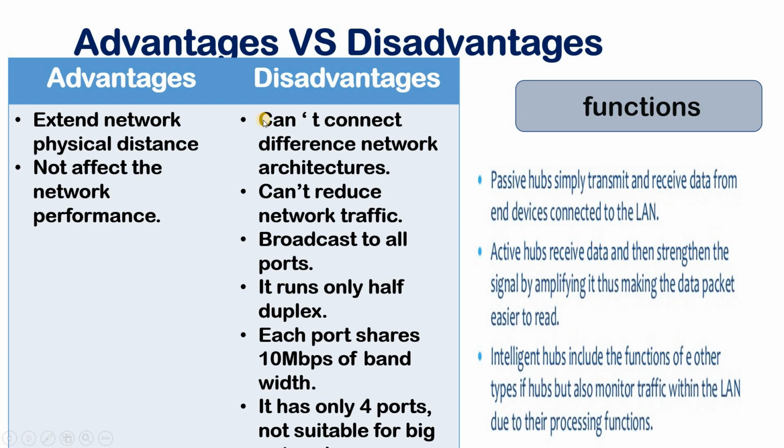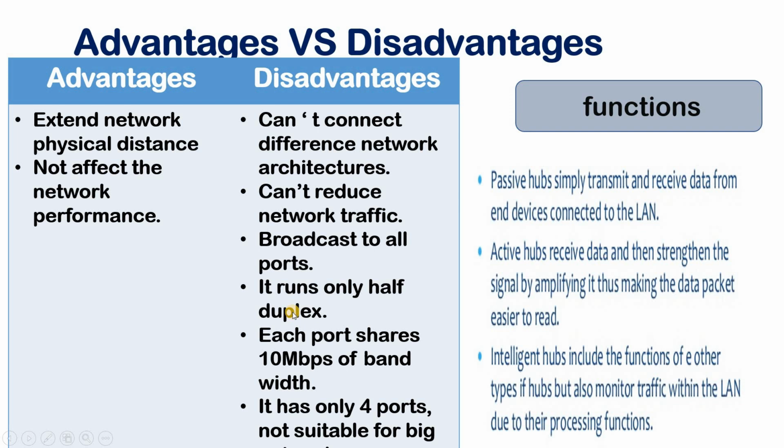But when we consider the disadvantages, the hub can't connect different network architectures, and also it can't reduce network traffic. Network traffic means the collision. And also the hub broadcasts to all ports, and it allows only half duplex.